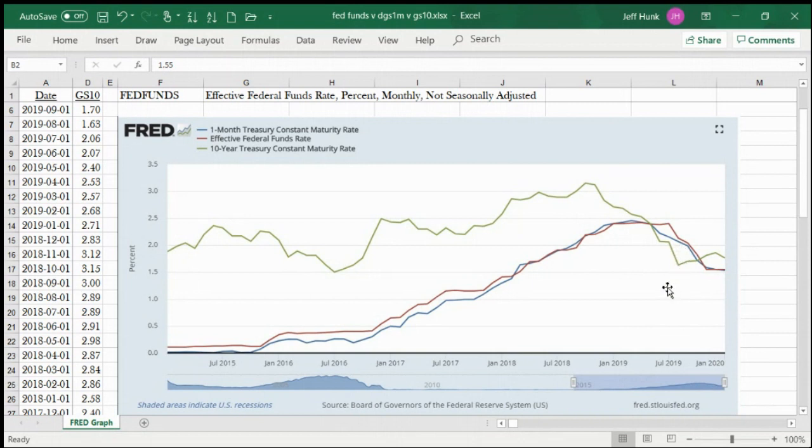I mean, this is the yield curve, but there is another way to represent the yield curve: the difference between the 10-year and 3 months.